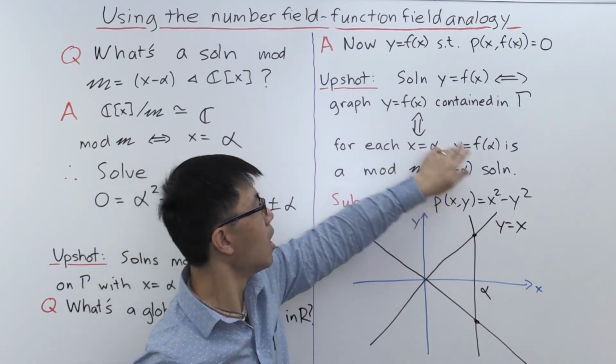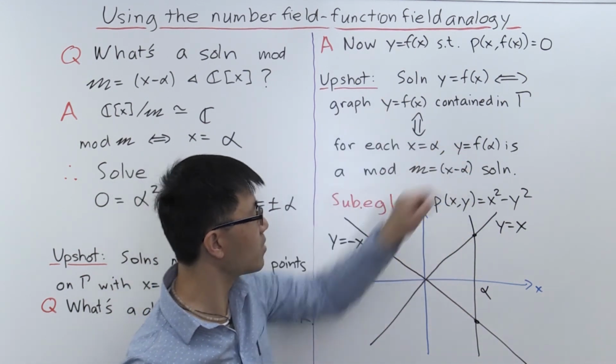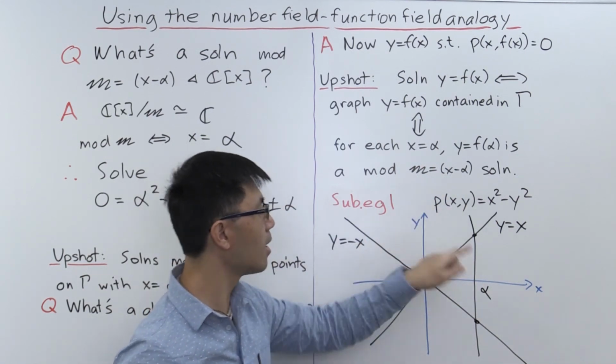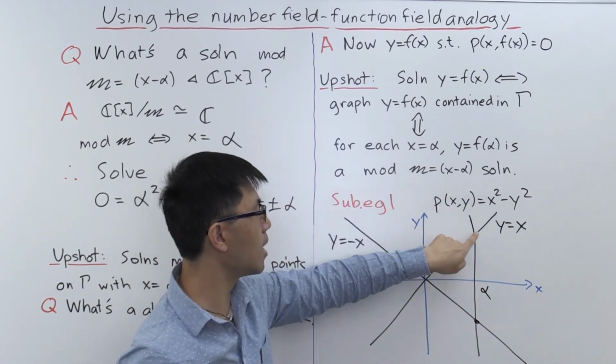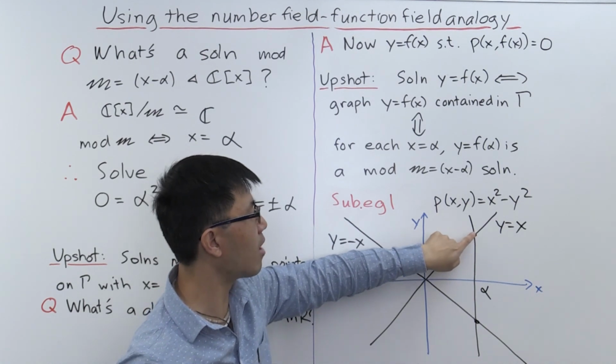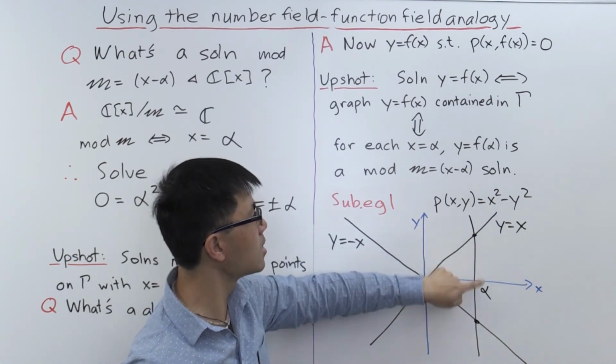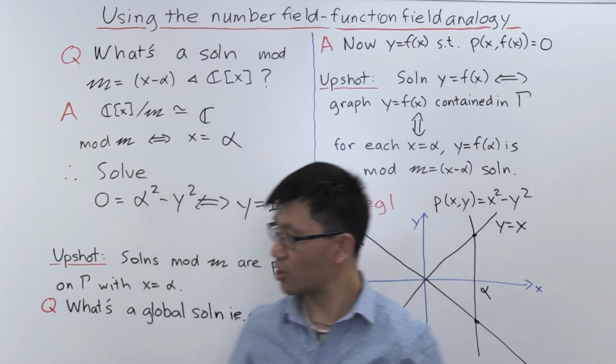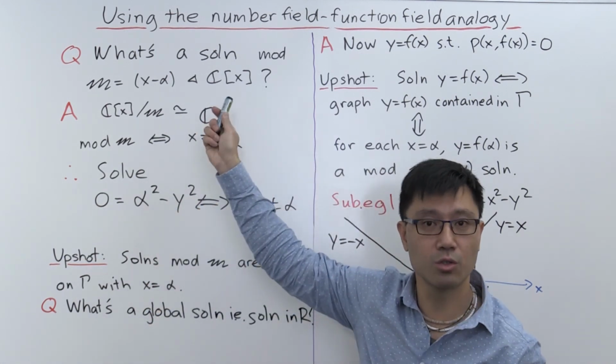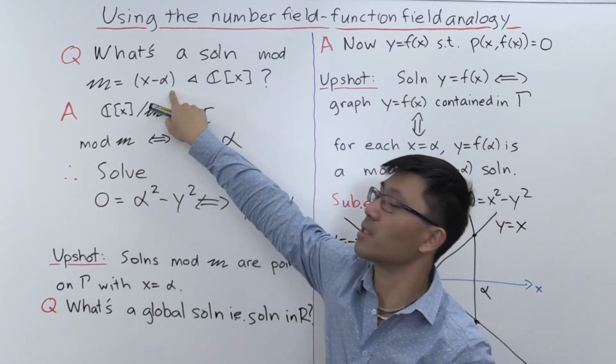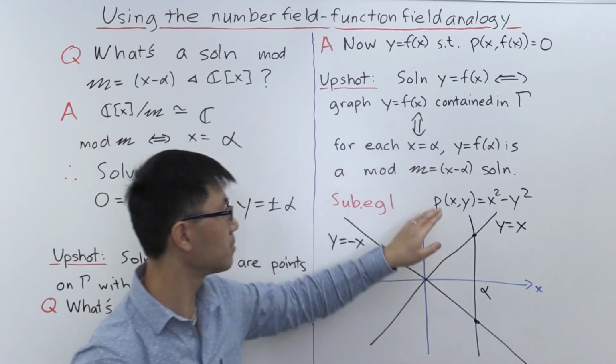So that's a point on the graph, and since this graph is contained inside this big graph gamma, that means you get a point on the big graph gamma as well. And since you fixed x equal to alpha, that just corresponds to a mod m solution, where m is this maximal ideal x minus alpha.